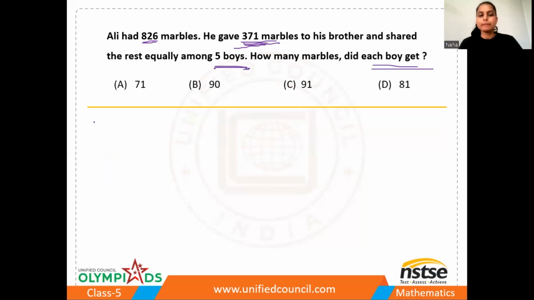Okay. So that means the first thing is that Ali had 826 marbles in total. Now he gives 371 marbles to his brother.